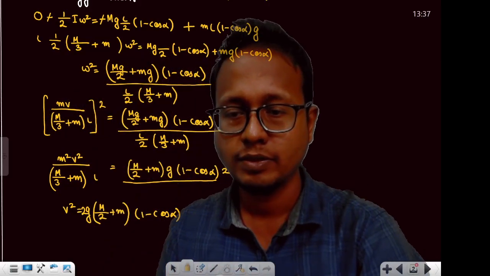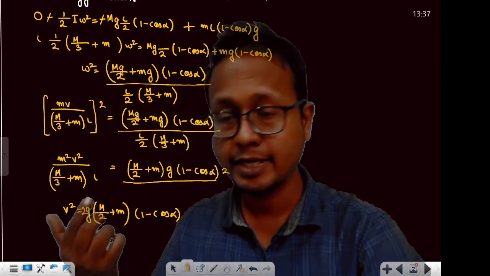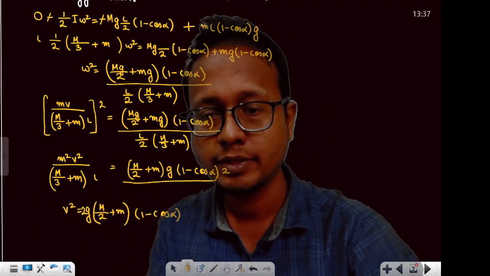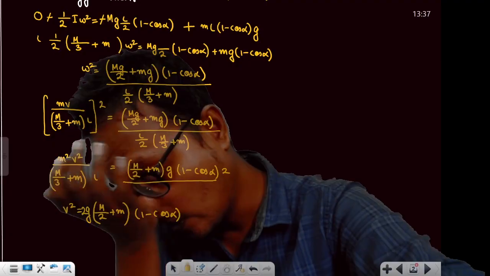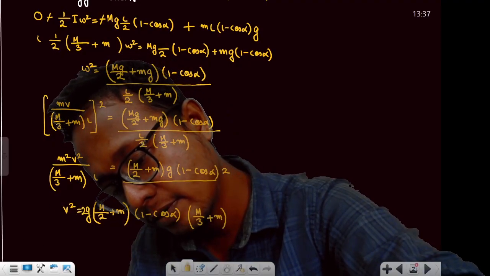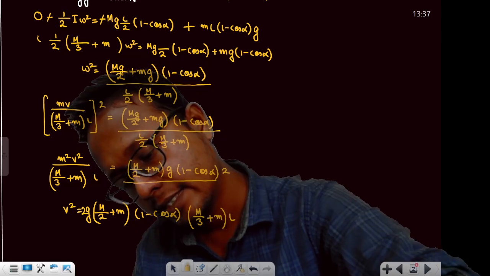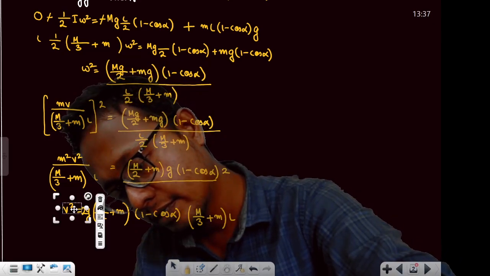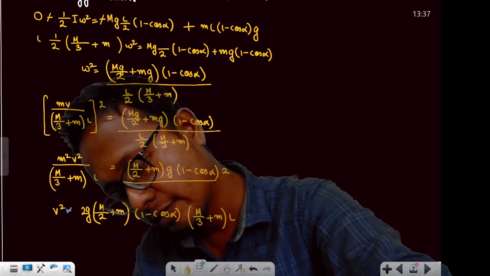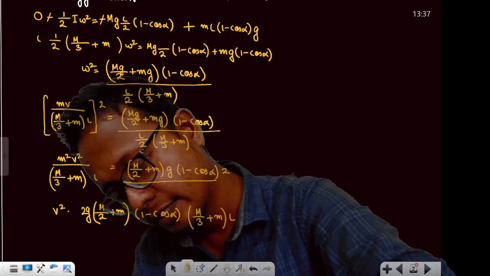Then I take this entire term, m by 3 plus m into L, to the left hand side. Since I already found out the value of v square, v square is nothing but this one.